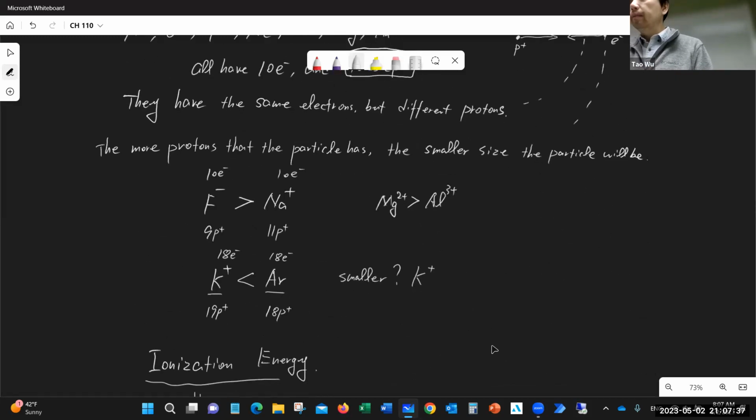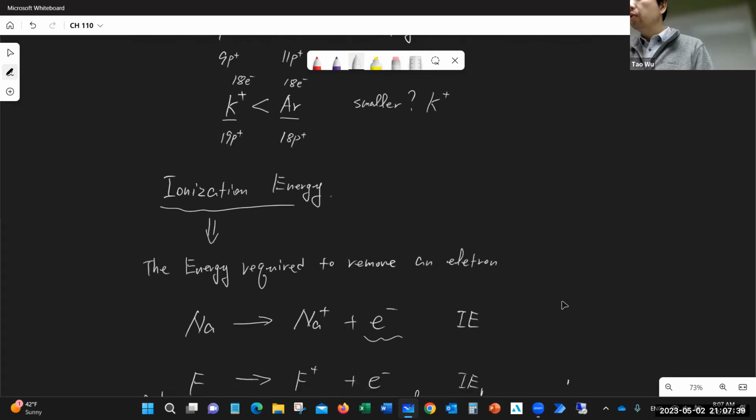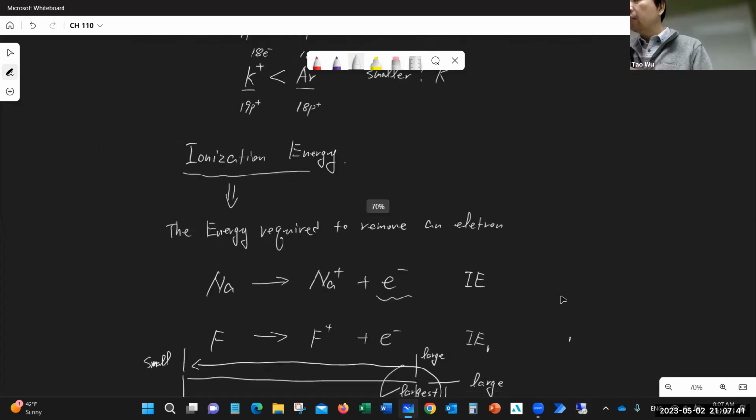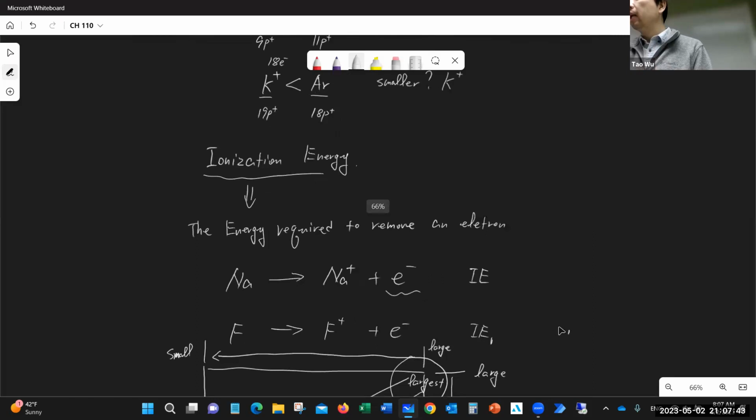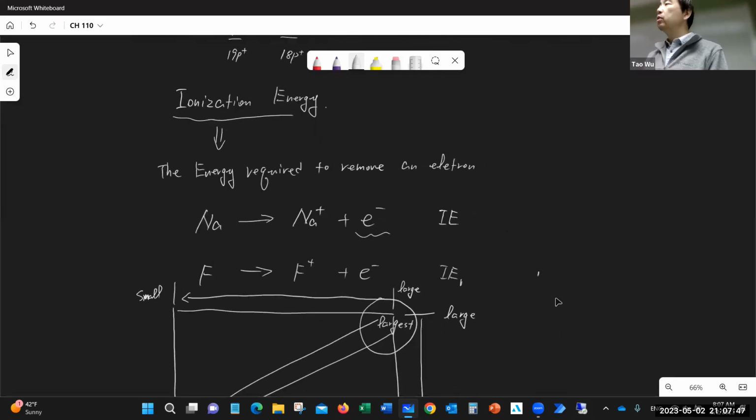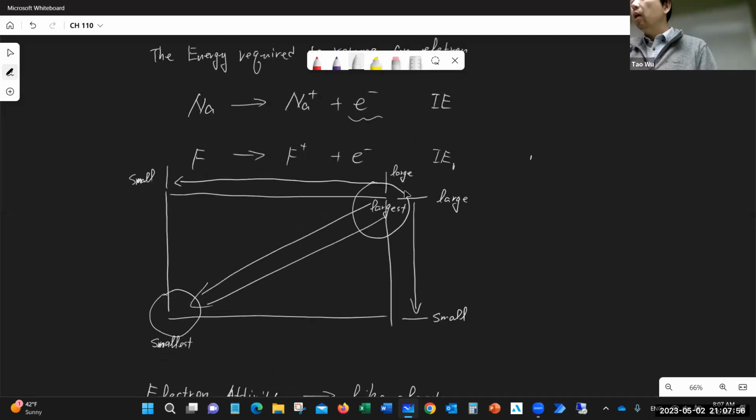And we also talk about the ionization energy, which is how much energy is required to remove an electron. Some of the elements like to remove electrons. Some do not like to. So the ionization energy will be different. The general trend is the top part is the largest and the bottom part is smallest.